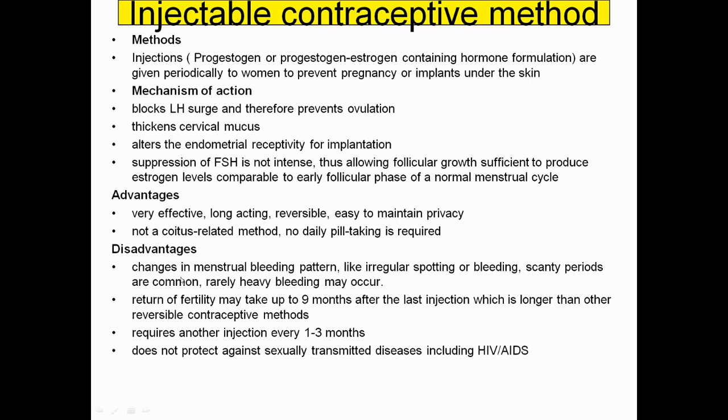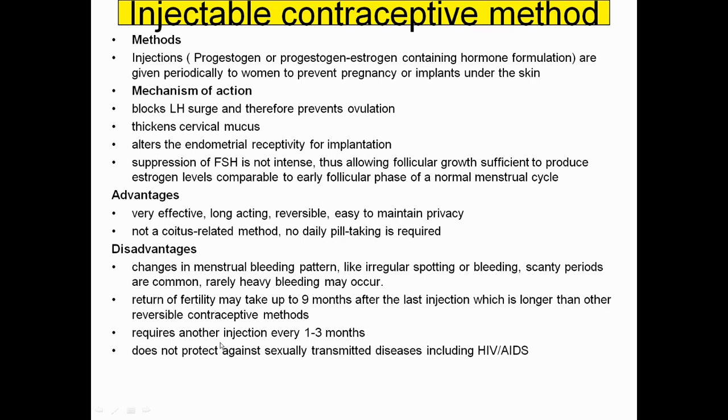Next are several disadvantages associated with the injectable contraceptive method. First of all, irregular bleeding or menstrual flow. Next, return of fertility may take up to 9 months after using these types of hormonal implants; the woman has to wait up to 9 months.